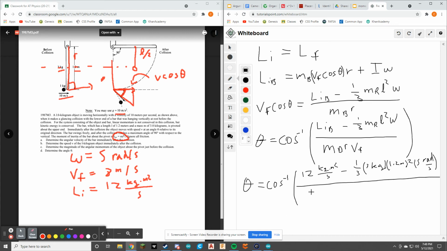Then divide all that by the mass of the ball, 1 kilogram, times the radius, 1.2 meters, times the final velocity, which we said was 8 meters per second. Plugging all of this into the calculator, we get that theta equals 60 degrees.